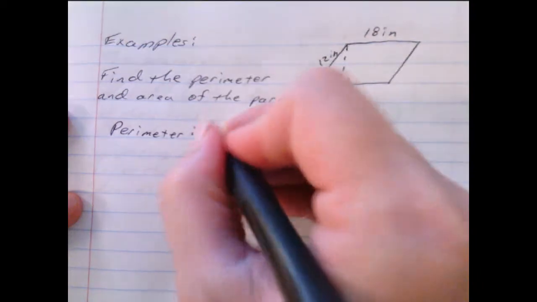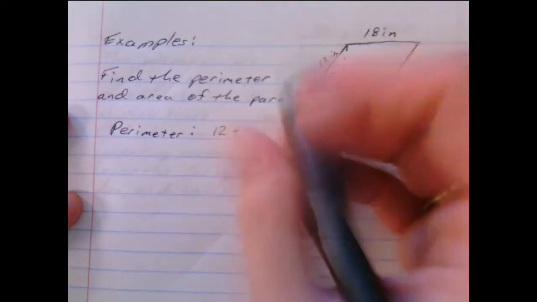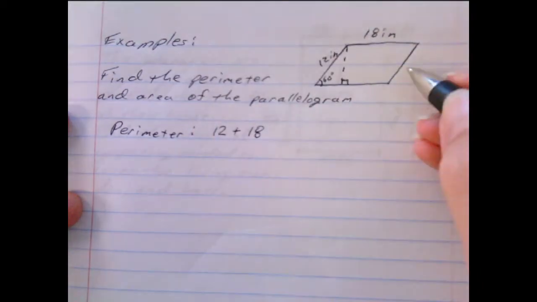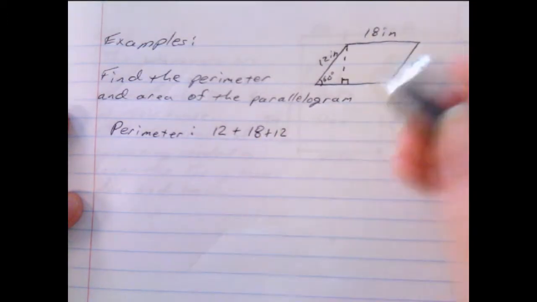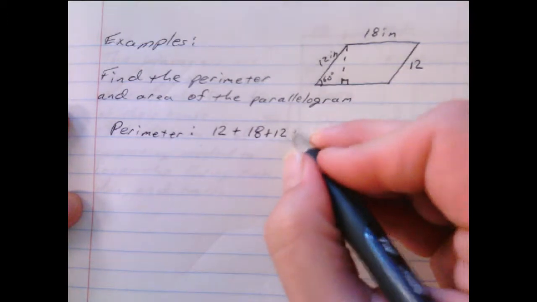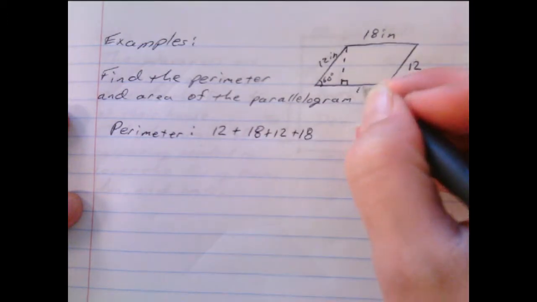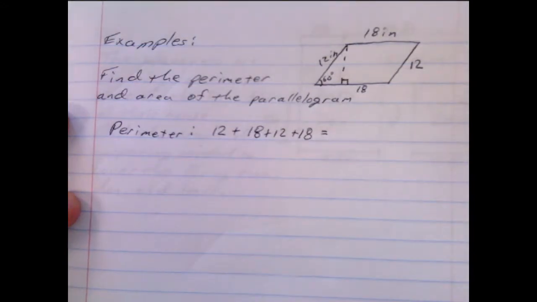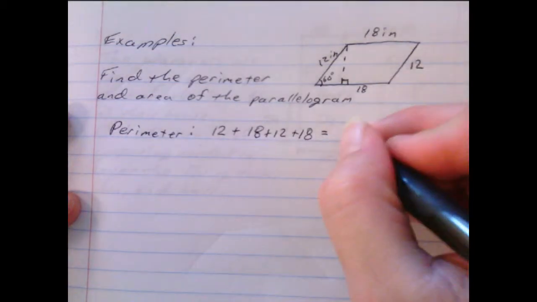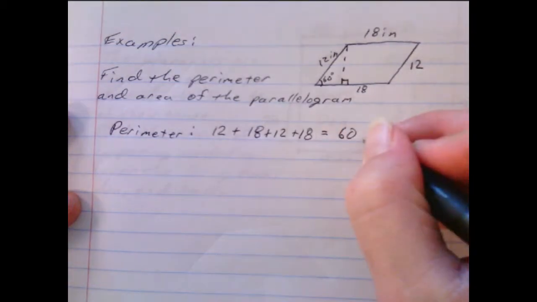We have a 12, adding it to the 18. This side over here would also be 12, so plus 12, and then the bottom would also be 18, so plus 18. So then when we add all of those together for our perimeter, we should get a total of 60 inches.